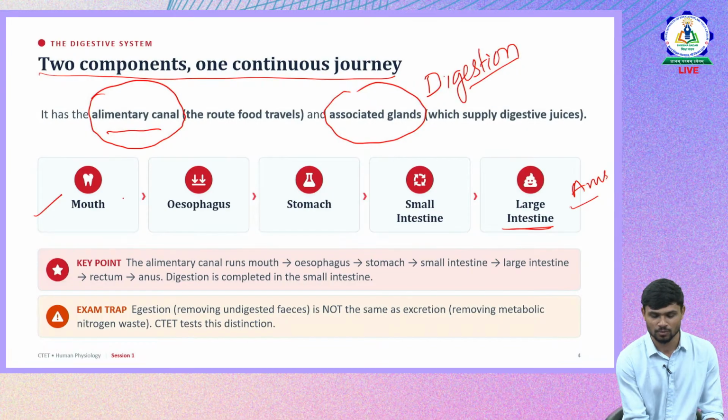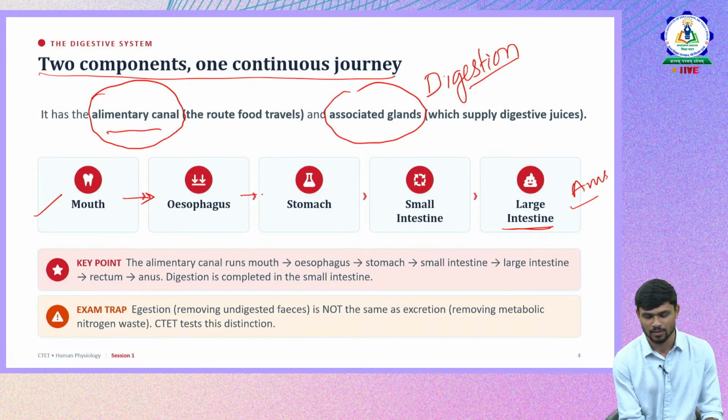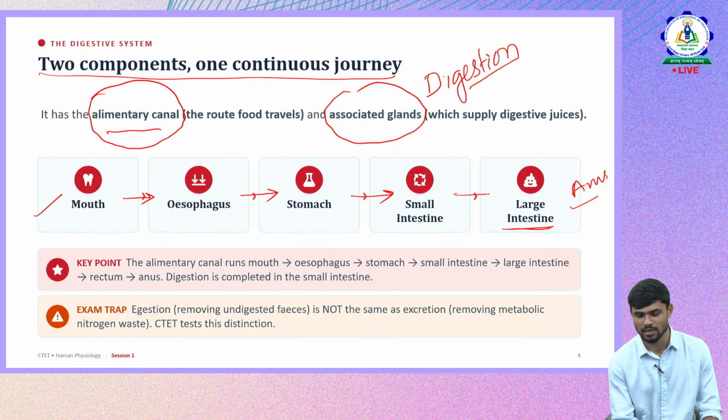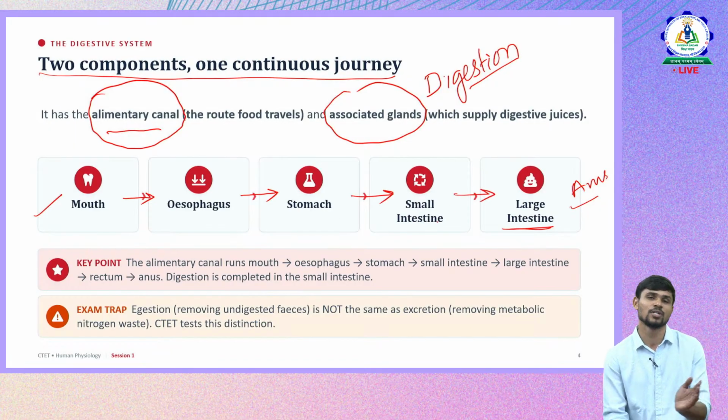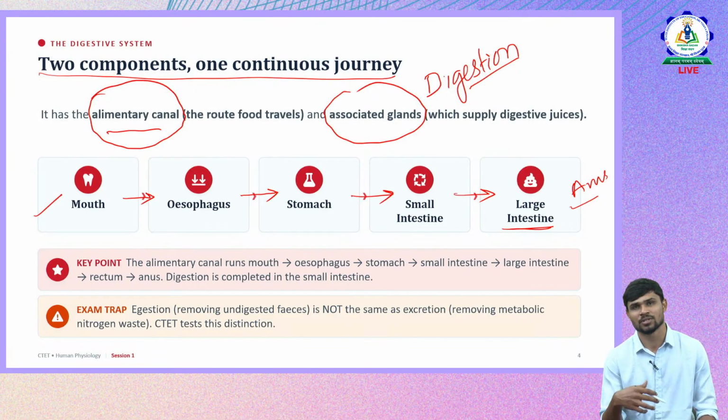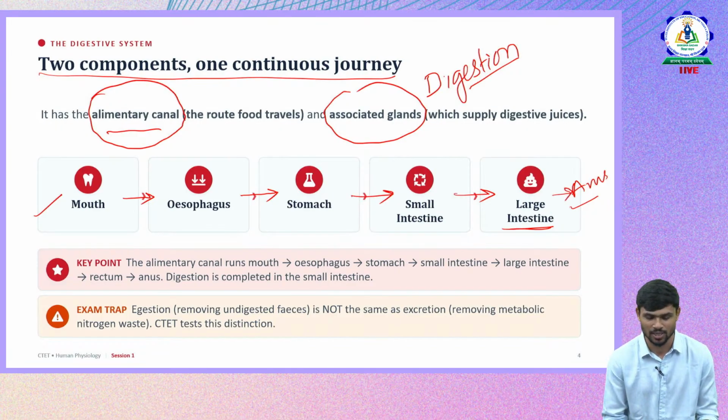From the mouth food moves to the esophagus, then to the stomach, then to the small intestine and large intestine. This is how the food moves. The digestion and absorption processes complete by the large intestine. The undigested food and waste move to the anus. Everybody knows this and is clear about it.